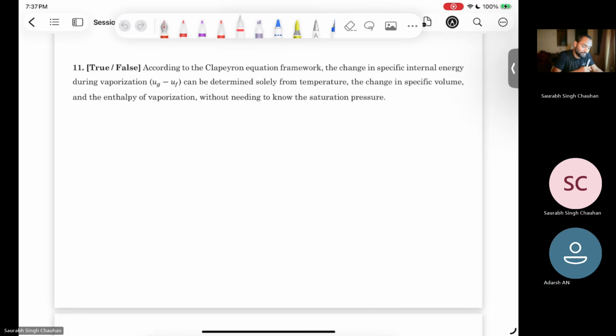So Clapeyron equation we know, but it is asking the change in internal energy during vaporization. So Ug minus Uf we can write as Hg minus Hf minus P, P will be constant during phase change, P times Vg minus Vf.